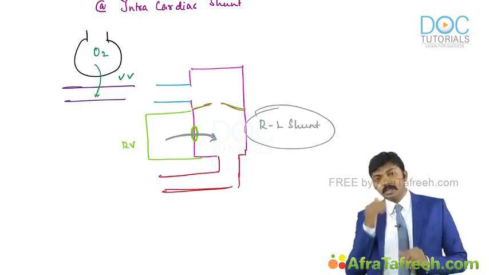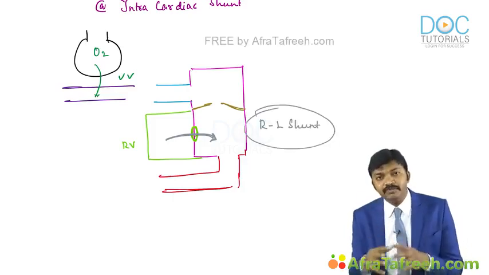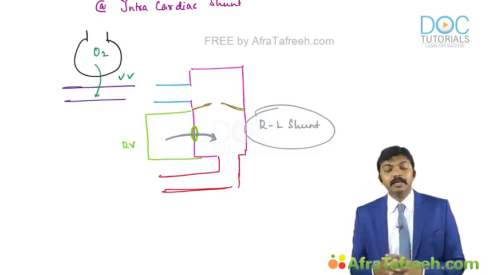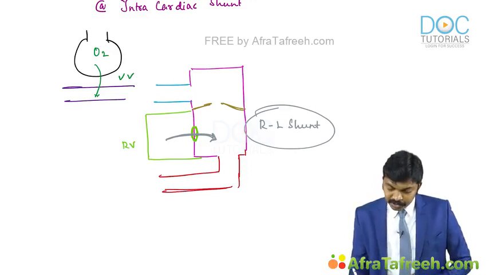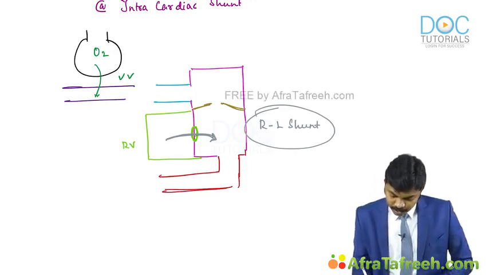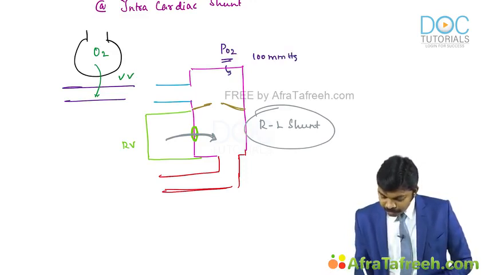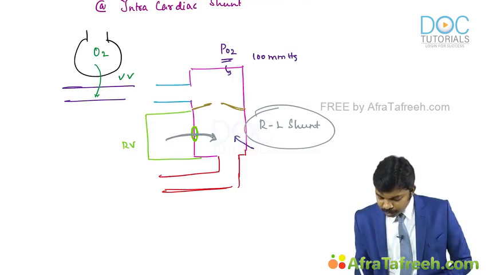As we just discussed, whenever we get addition of a new gas into blood, the partial pressure of the existing gas reduces. So the partial pressure of oxygen in the left atrium is going to be about 100 millimeters of mercury. When it comes to the left ventricle, again it is going to be 100 millimeters of mercury.